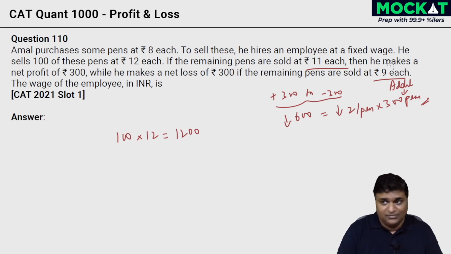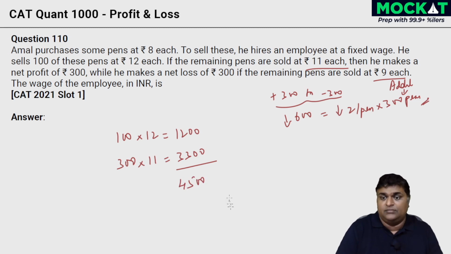So how do we solve this? You just take up one of these scenarios, right? So you take 300 pens. You can take the first scenario. Remaining pens are sold at 11 each. How much is realized? 3,300. The total amount over here is 4,500. 4,500 minus the cost price of the pens.